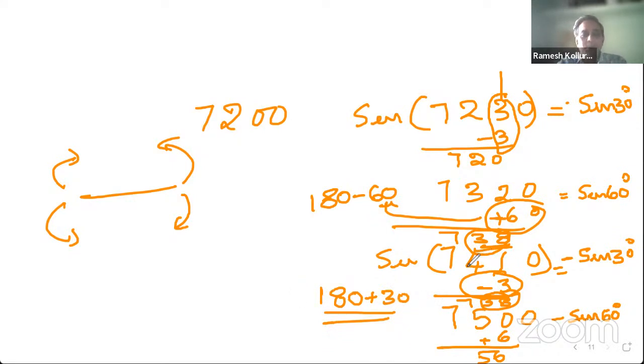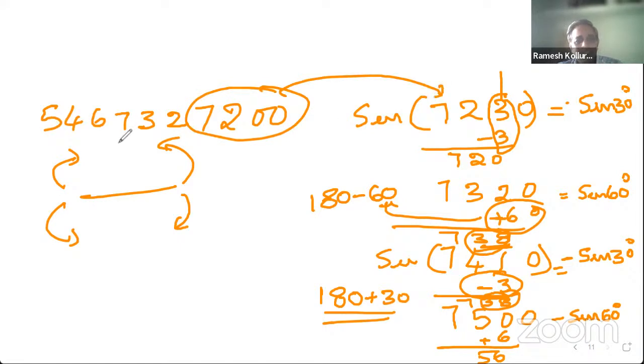Any big number you take, suppose my number is 54673 or 5496397, whatever this big number is. If I change the numbers, you can take big numbers, but generally we don't come across them. Take 1440 or 1470.